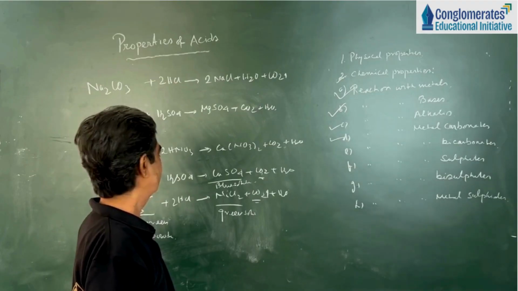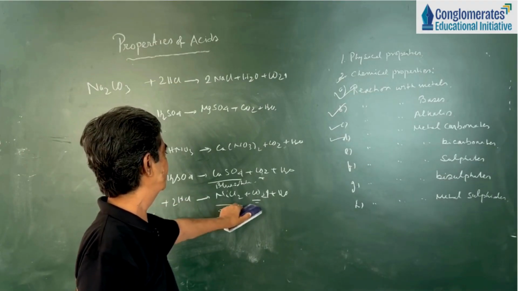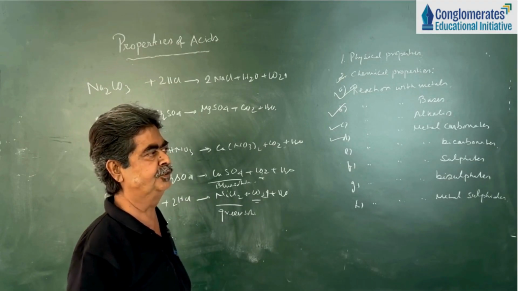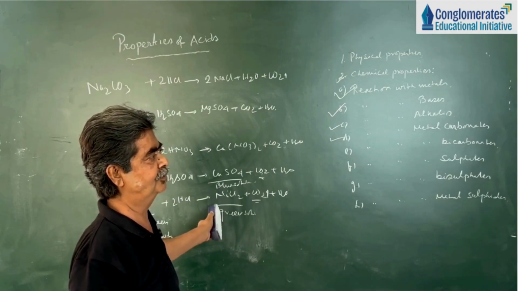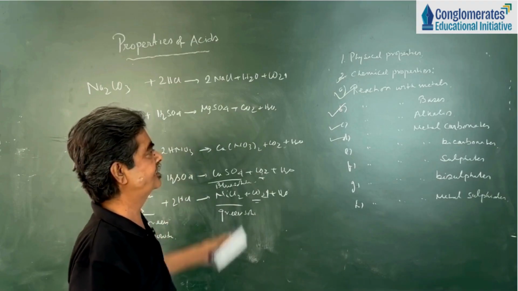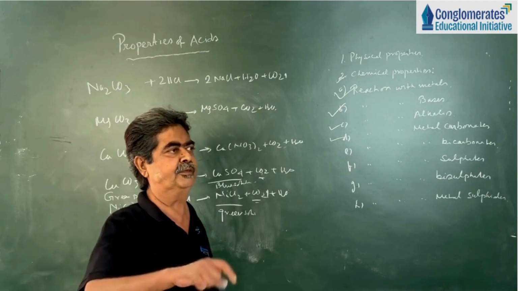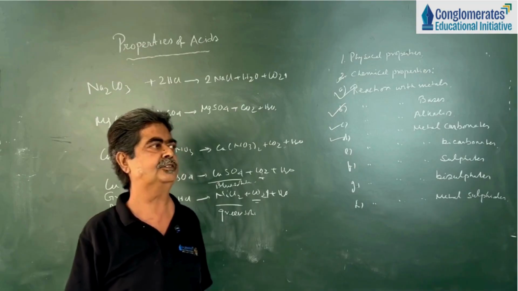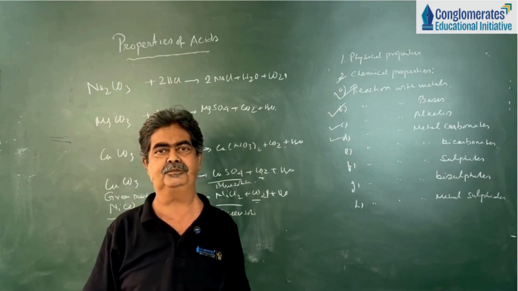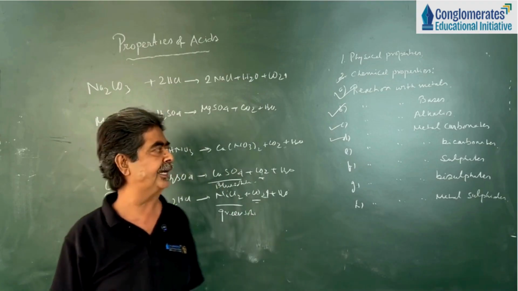Similarly, nickel carbonate, a light green powder, forms bubbles of carbon dioxide gas with the formation of a green solution. In these two, a color change takes place, but in the others there is no change of color, only the amorphous powder turns to a colorless solution with the evolution of carbon dioxide bubbles. Okay.